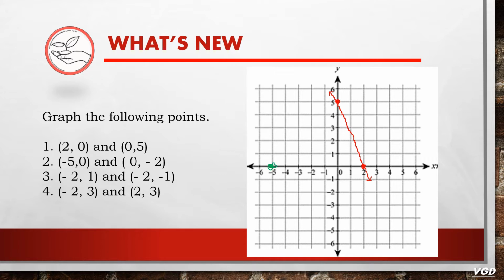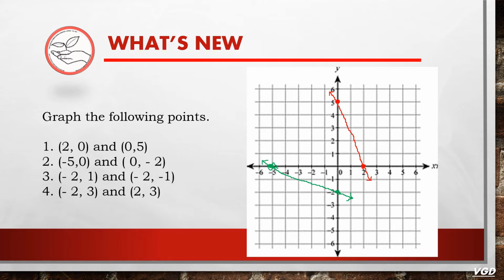And then the next one is (0, -2). Since the y, or the ordinate, is negative, we're going down. Then same with number 1, we're going to connect the line. Just make sure when you are connecting the points, it should be a straight line, alright?